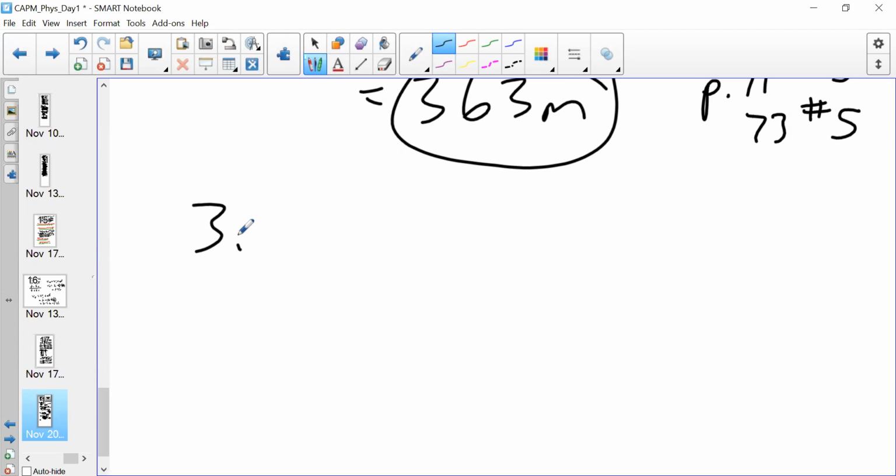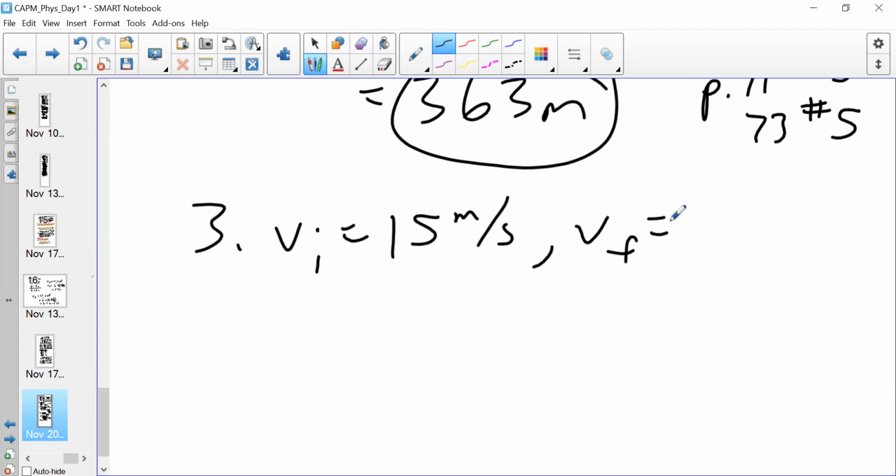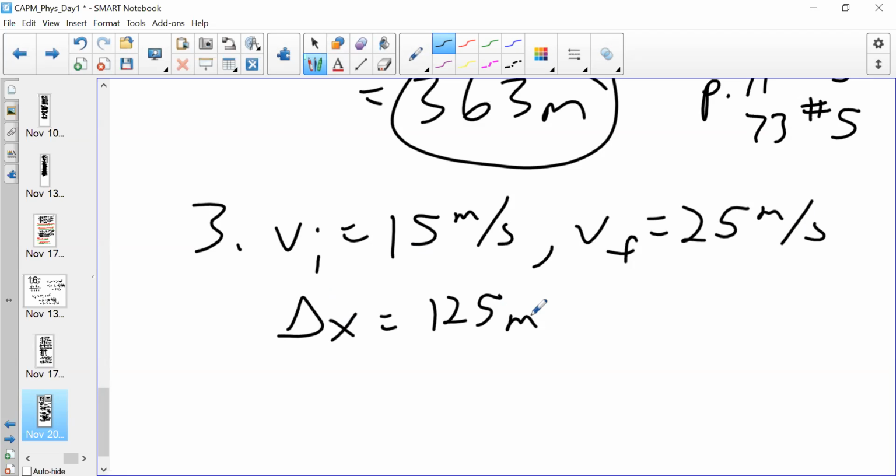Okay, so we have initial velocity of 15 meters per second. The final is 25 meters per second. Distance, displacement, 125 meters. They interchange the words distance and displacement.